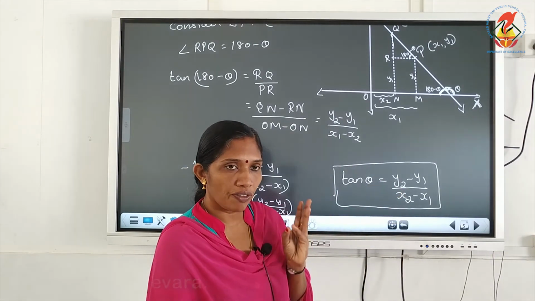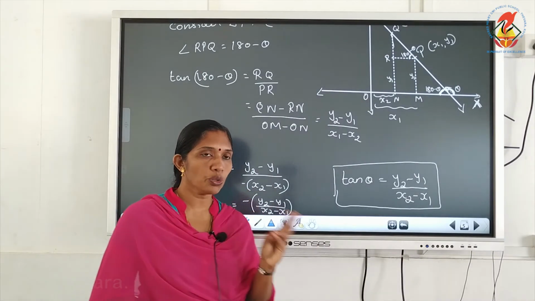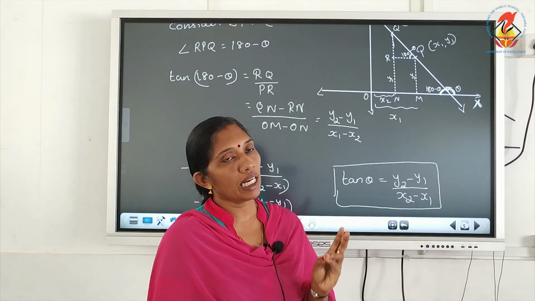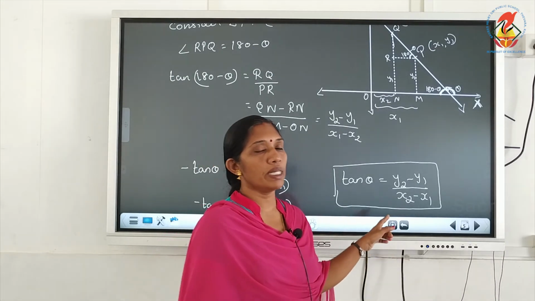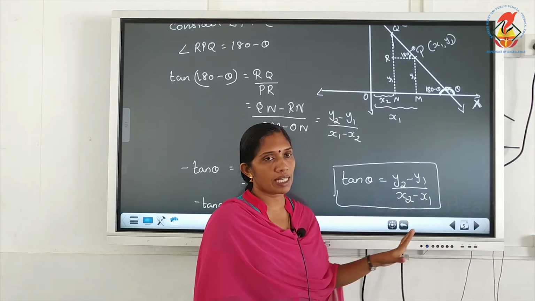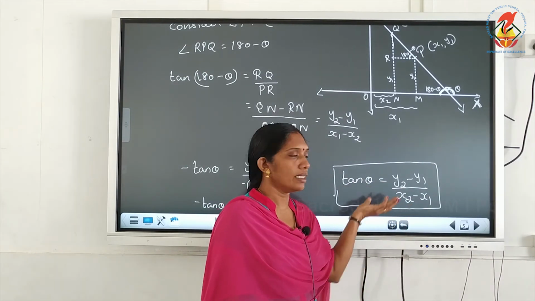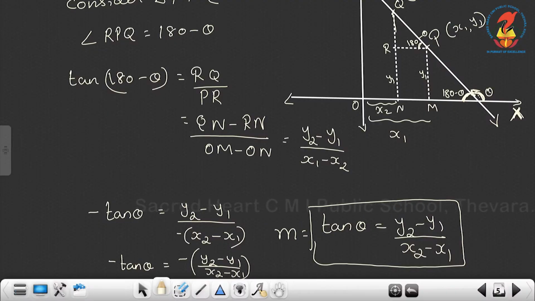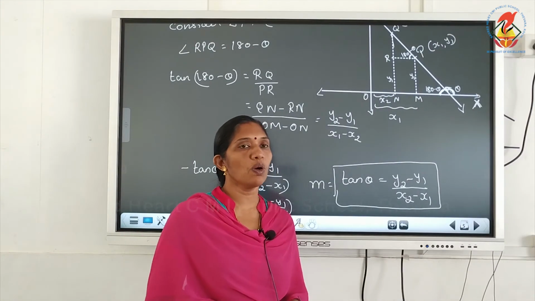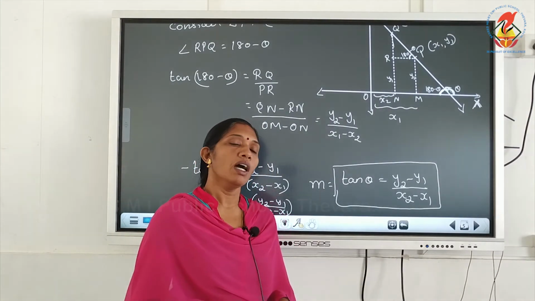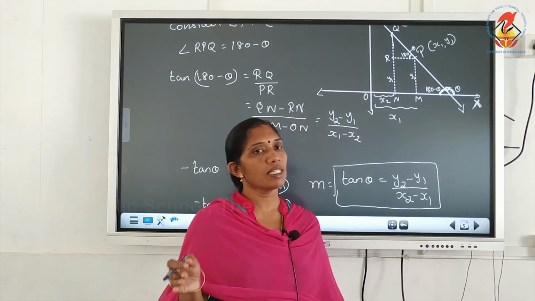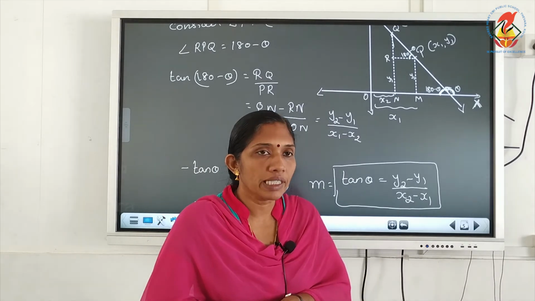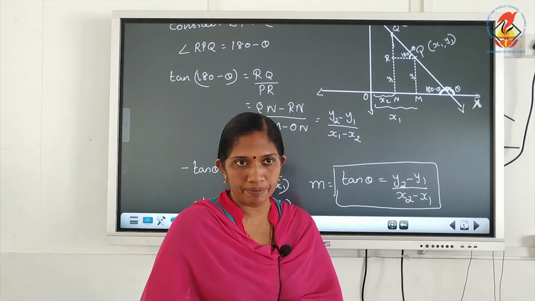So you can find the slope of a line by using two results: when theta is given, slope is tan theta; if the line passes through two points, then slope is y2 minus y1 by x2 minus x1. Both are the same, denoted by the letter m. The slope of x-axis is 0, the slope of y-axis is not defined. Or the slope of a line parallel to x-axis is 0, the slope of a line parallel to y-axis or perpendicular to x-axis is not defined. I hope this much is clear.